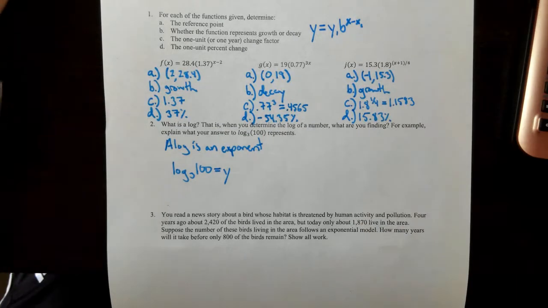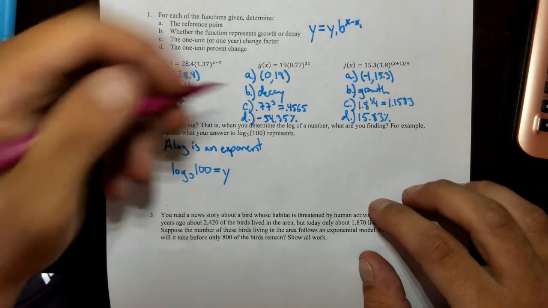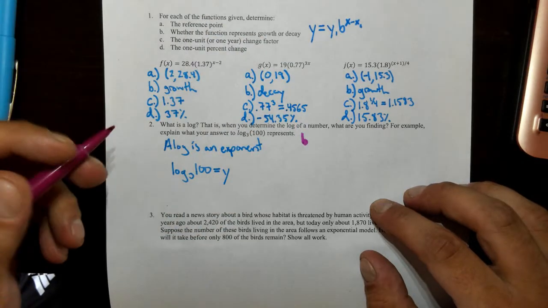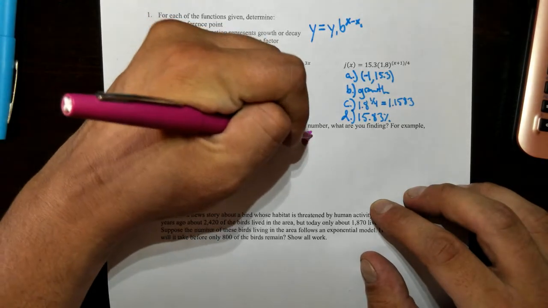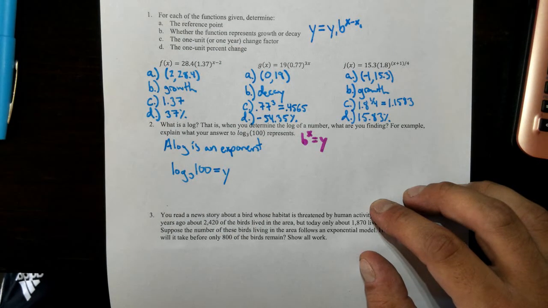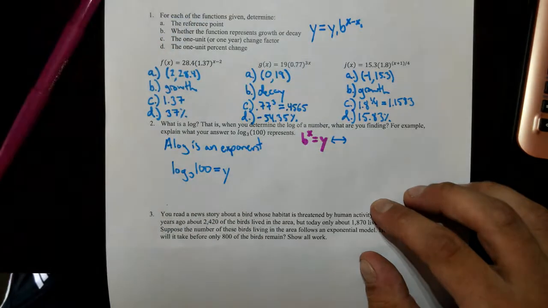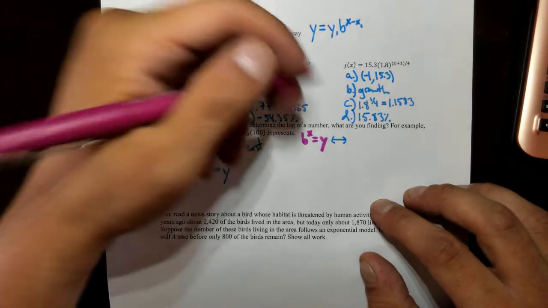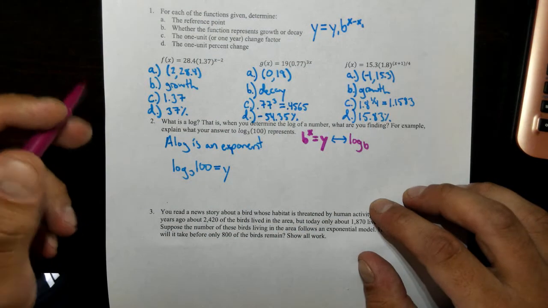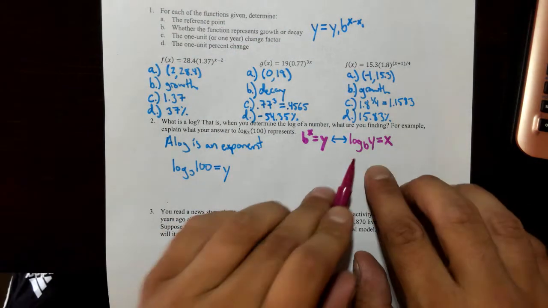Our general form here, I'll write off to the side, is if we have some base value to an exponent and it equals something else, such as b to the x equals y, we can write that in log form as log base our same b of y equals x.